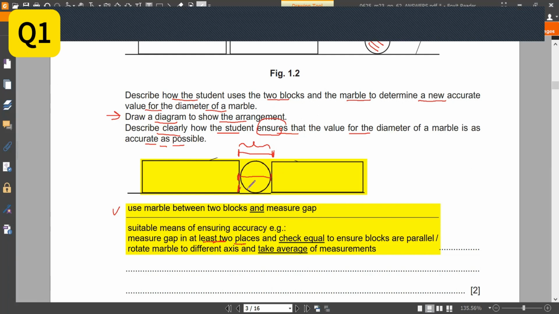Or we can measure another one here. So we measure at different positions on the block and get the average. Make sure we get as accurate as possible. Yeah. And then another possible answer, rotate the marble to different axes to take the average of measurements. Okay, so these are the possible answers for this question.